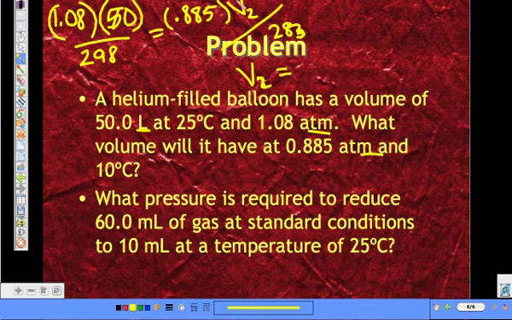So now we're going to have to solve for V2. So I would solve this side, find this number. You're going to multiply by the 283 then, and then divide by the 0.885. So you have to do a little bit of algebra to solve for V2.